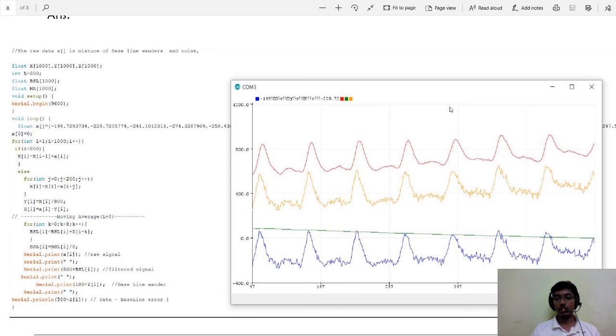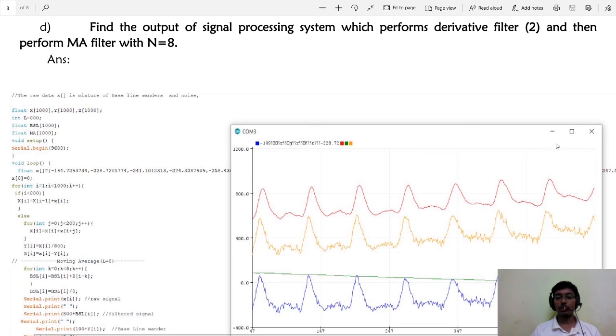The red one is the original PPG signal obtained after performing the derivative filter, forwarding to the moving average filter, and also removing the baseline wander.